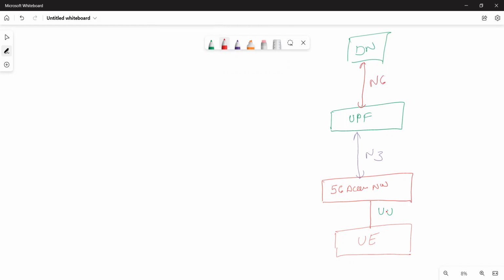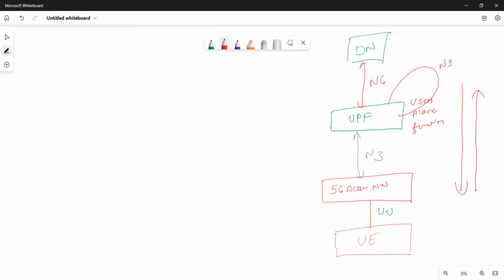Now if you talk about inter-UPF, UPF is nothing but your user plane function, right? So inter-UPF is connected via the N9 interface. So this is your path for the data plane, uplink and downlink both.